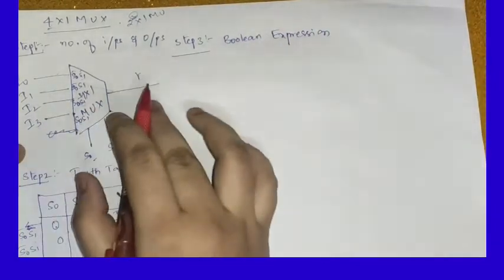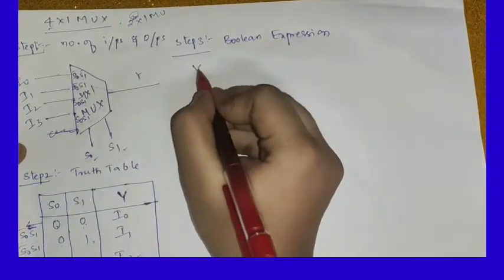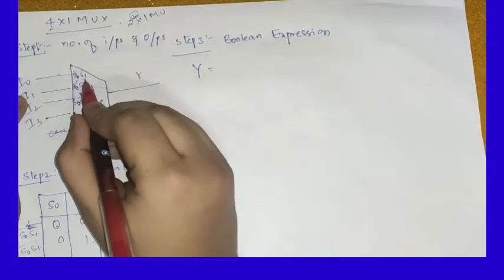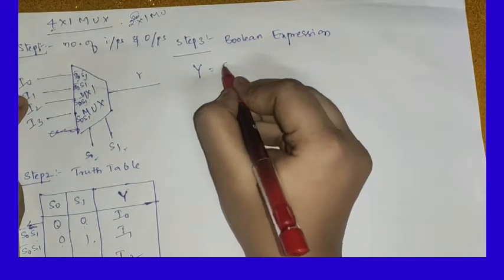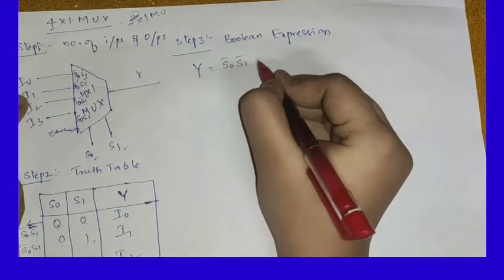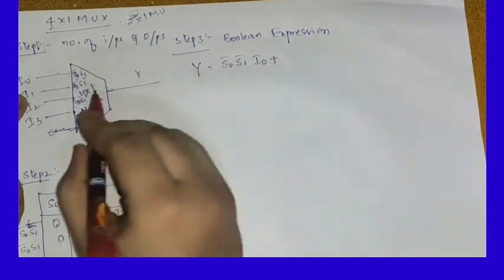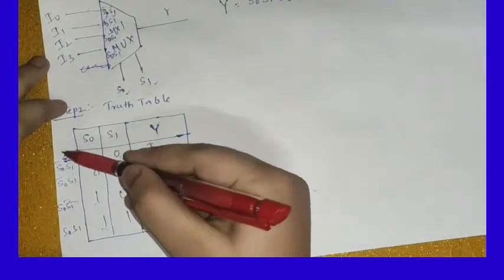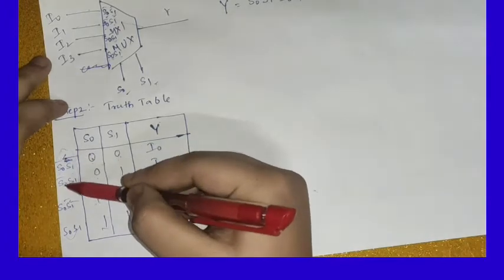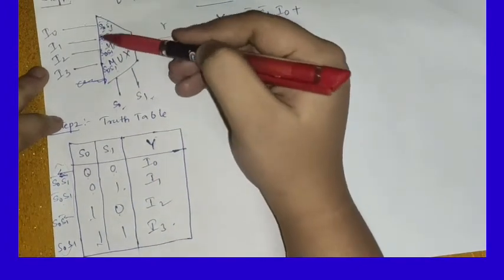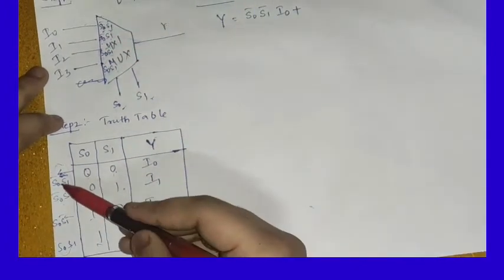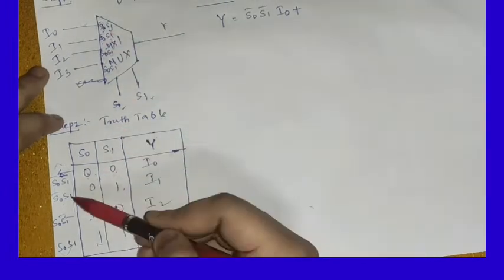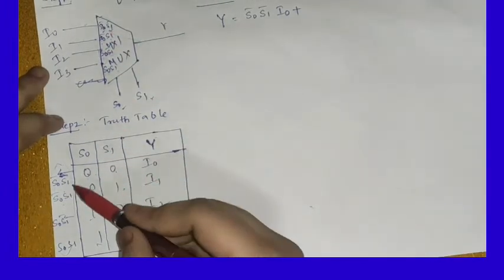If you see here, directly we can write Y is equal to S0 bar S1 bar I0 plus S0 bar S1 I1. So we wrote these combinations of variables in their corresponding positions. 0 0 is nothing but S0 bar S1 bar.